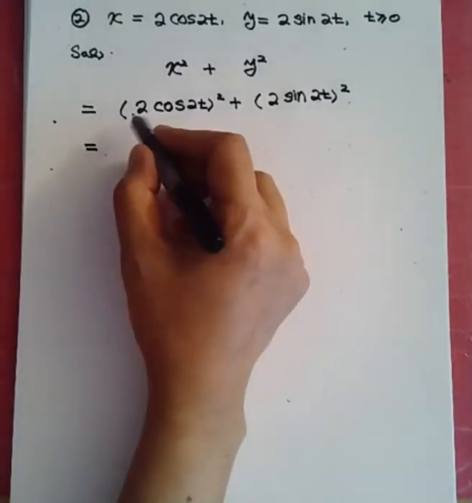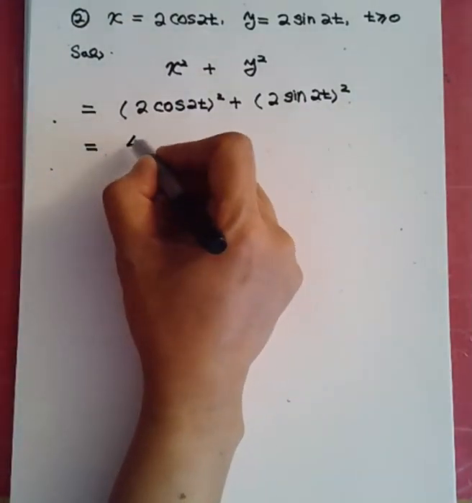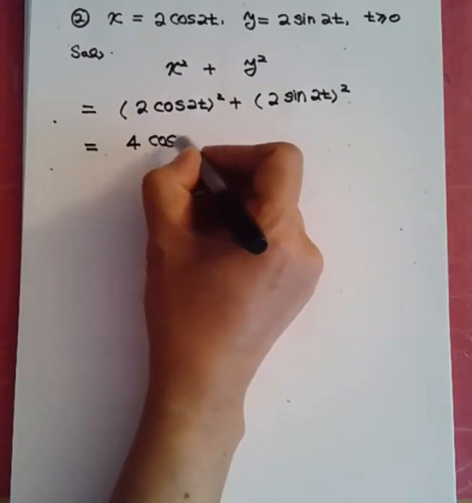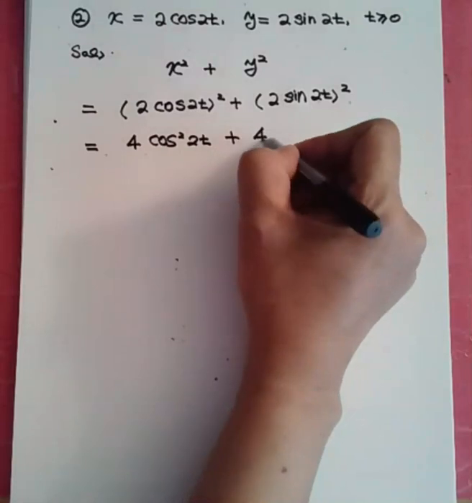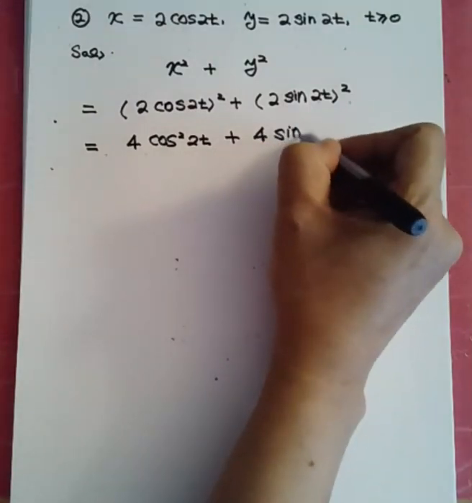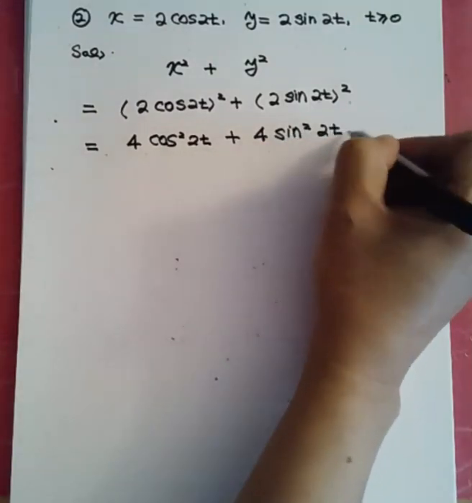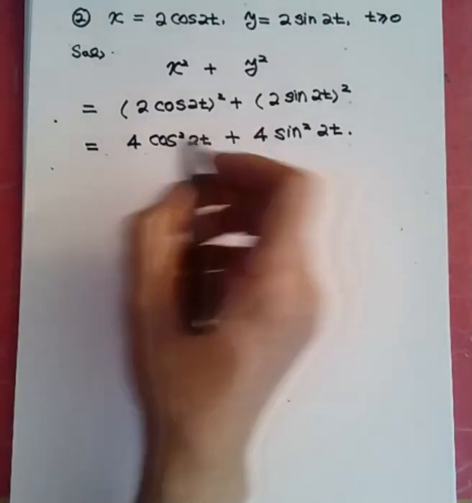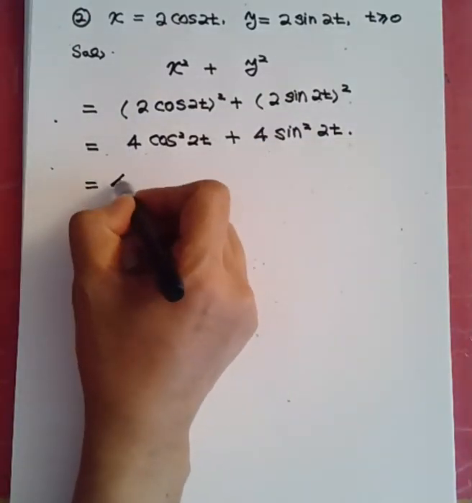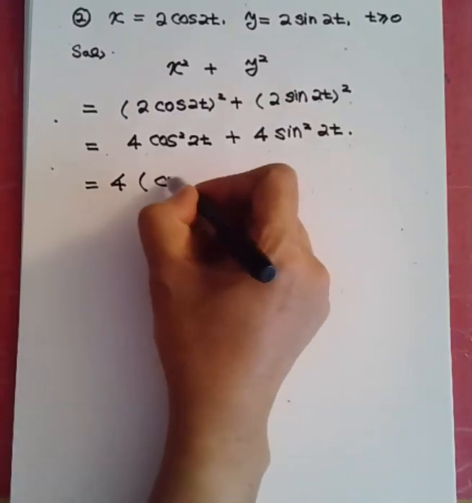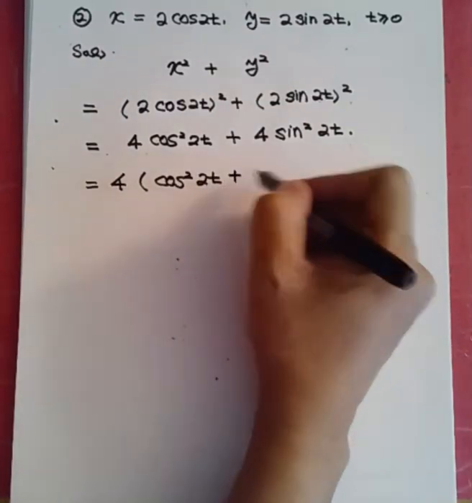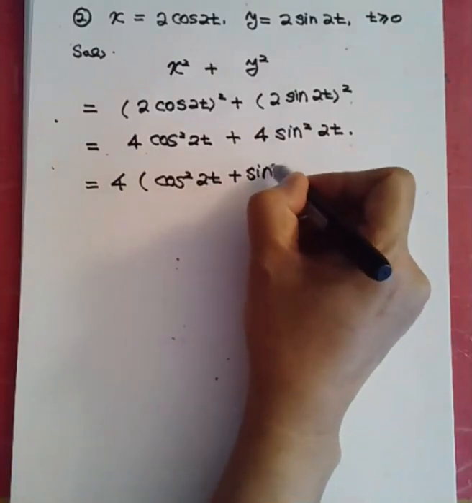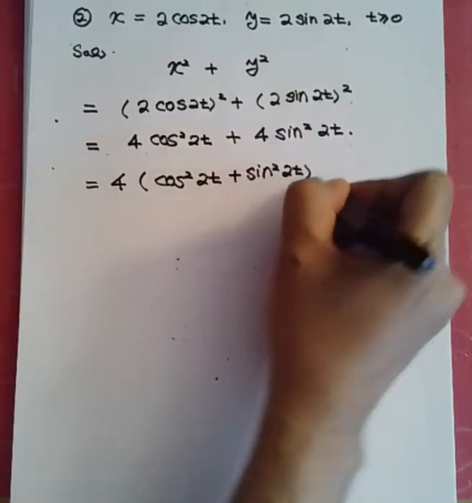So this one squared is 4 cosine squared of 2t plus the next one is 4 sine squared of 2t. The common factor becomes 4 times the quantity cosine squared of 2t plus sine squared of 2t.